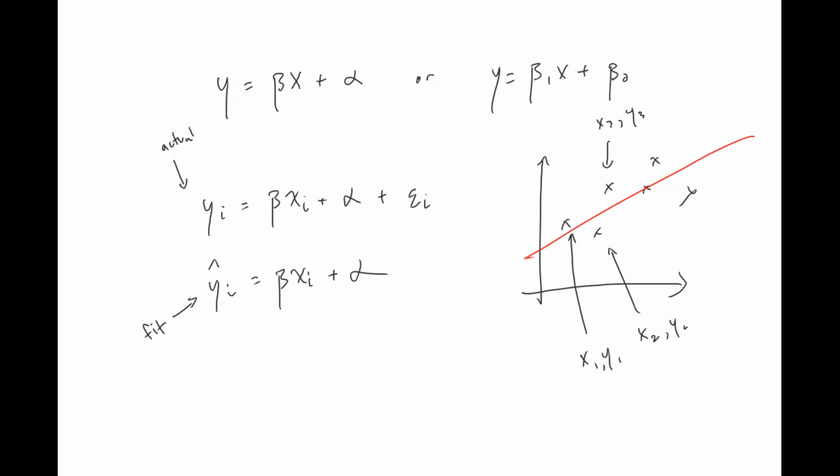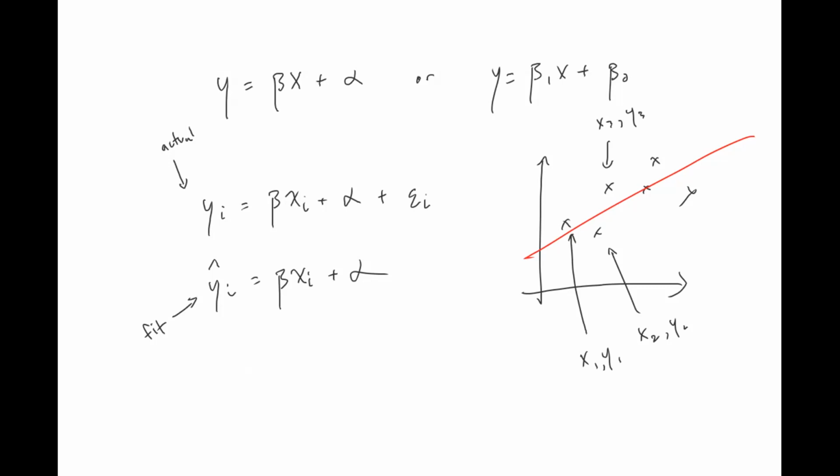So how would I go about actually solving for my beta and my alpha? Essentially, there are two approaches that we can think about.